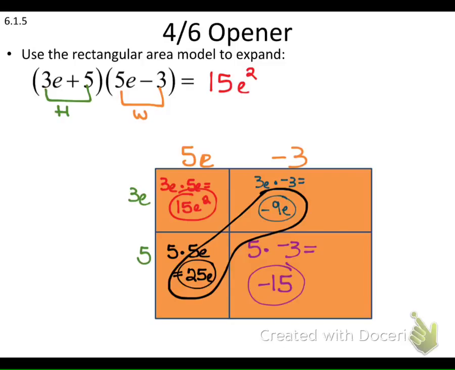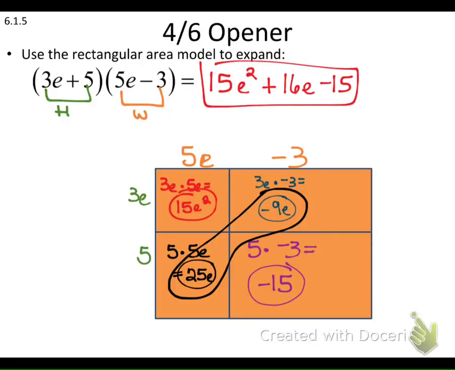So you don't have to show me those two steps. If I want to combine negative 9e plus 25e, what's that going to get me? 16e. Is that going to be a positive or a negative? Yeah, a positive 16e. And then what's the last number I'm going to put down? Negative 15. So that here is your final answer.